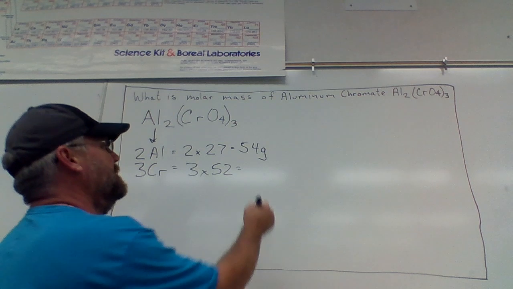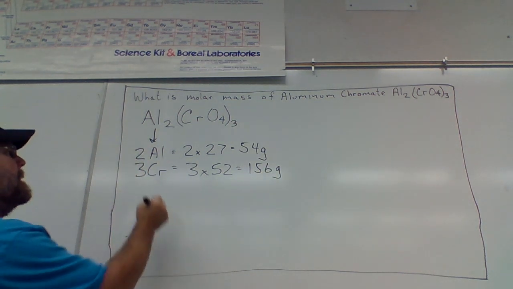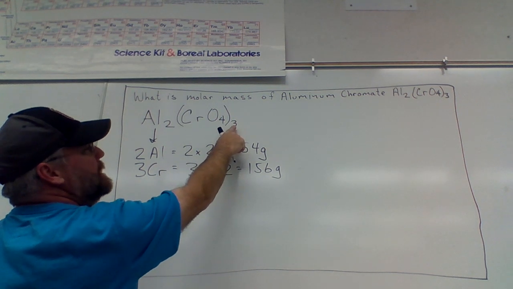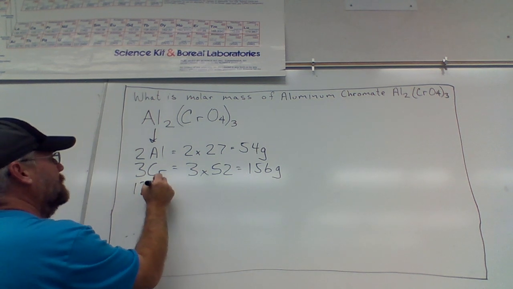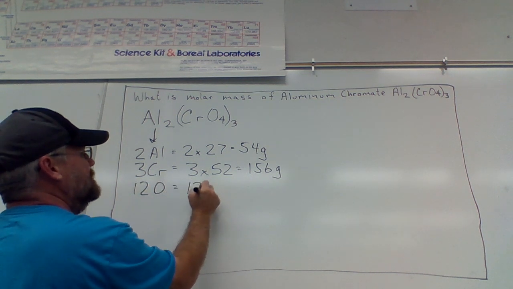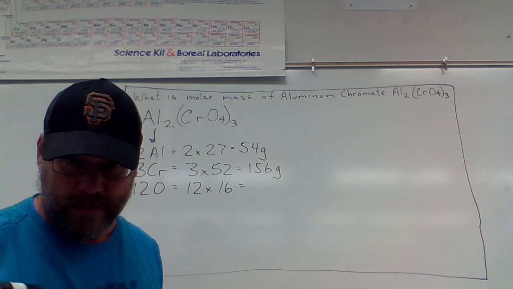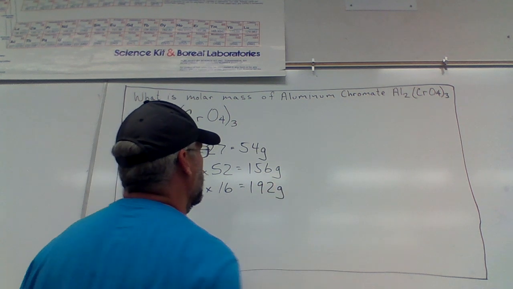So 3 times 52 is 156 grams. Then I've got oxygen, but not 4 oxygen, but 4 times 3 oxygen, or 12 oxygen. So 12 oxygen is 12 times 16, which I calculated before, is 192 grams.